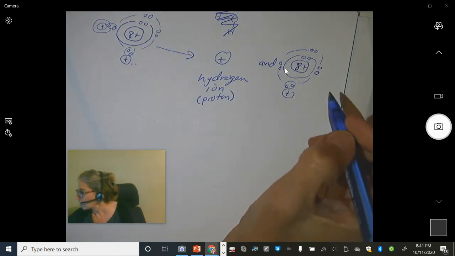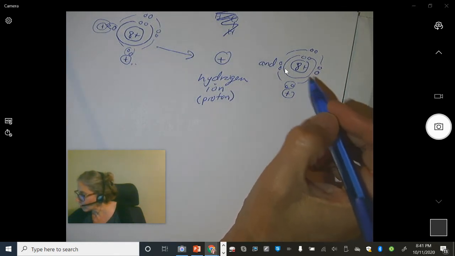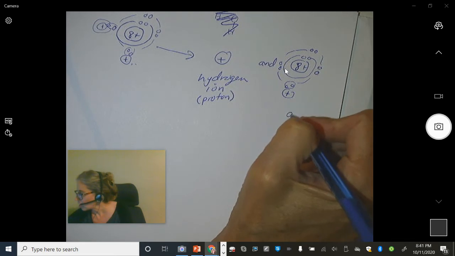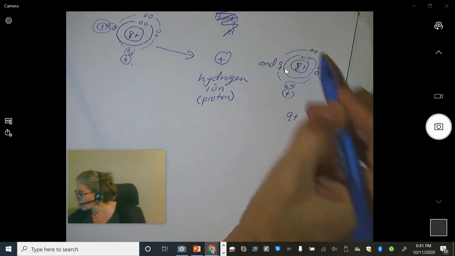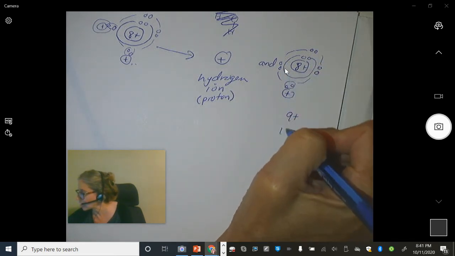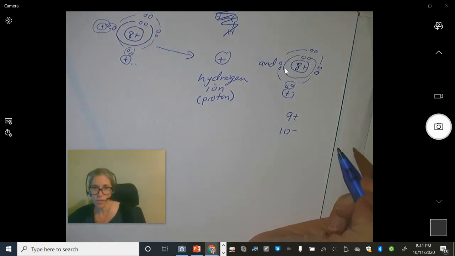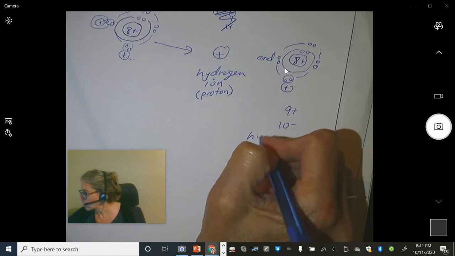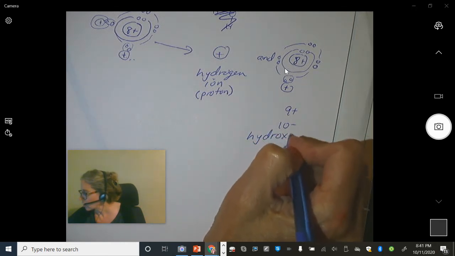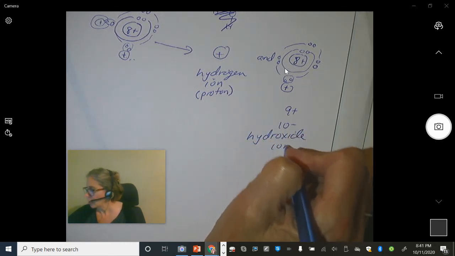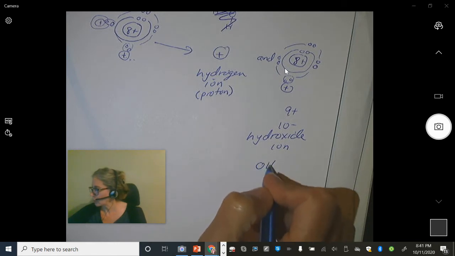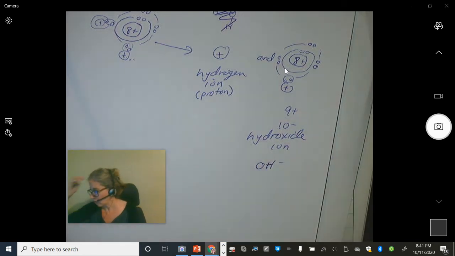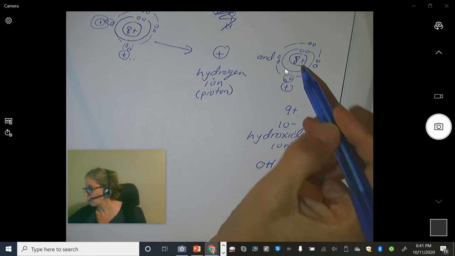And I hope that makes sense. And so now I've got 8, 9 positives, but I've got 2, 3, 4, 5, 6, 7, 8, 9, 10. I've got 10 negatives, right? So I have an ion here too. So this is called the hydroxide ion, and I'm going to write it like this, OH minus, because there's an O and an H, right?